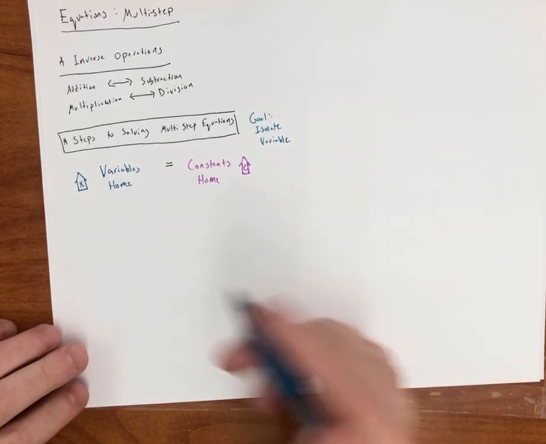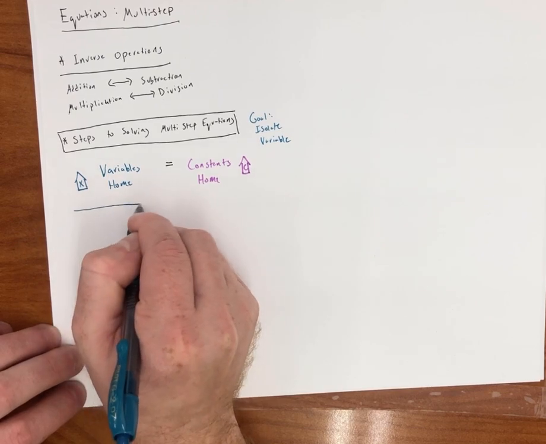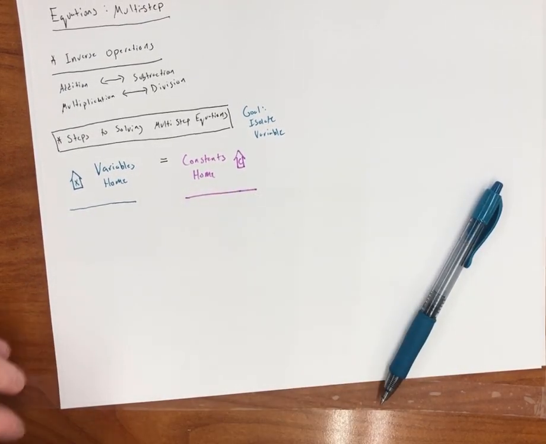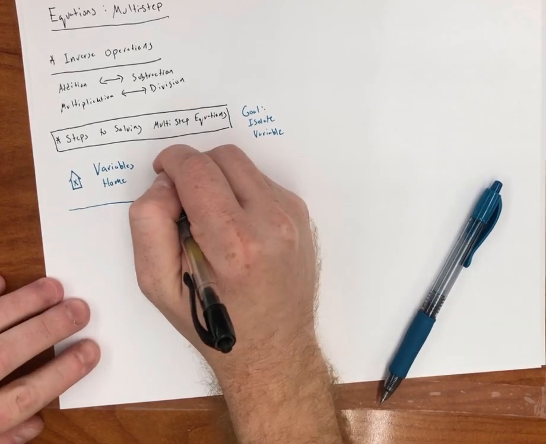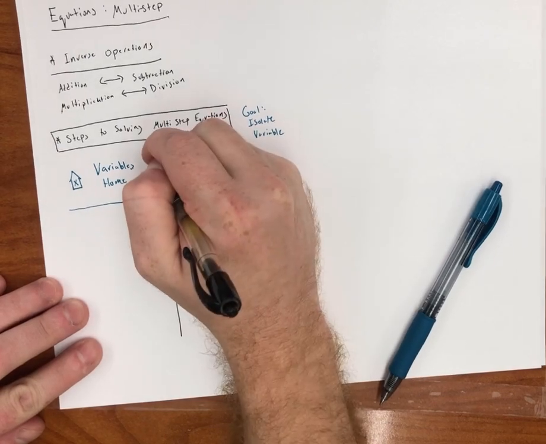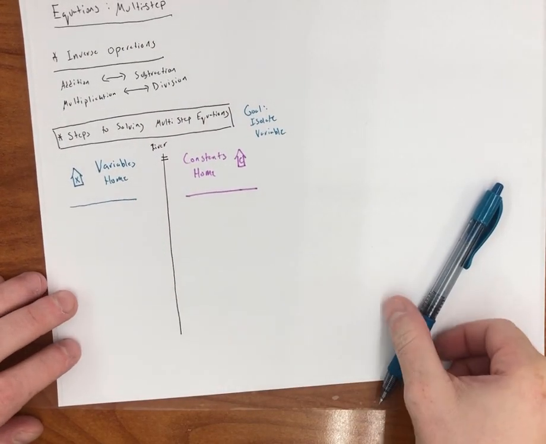So our first step when we're doing equations for multi-steps, so now we are going into the steps. The first step, as we have always talked about, is always to draw our river. The river is what's dividing our two neighborhoods, okay?